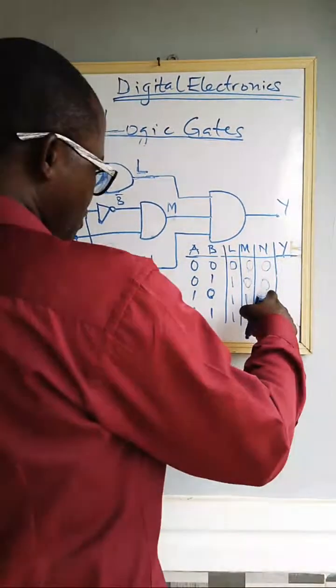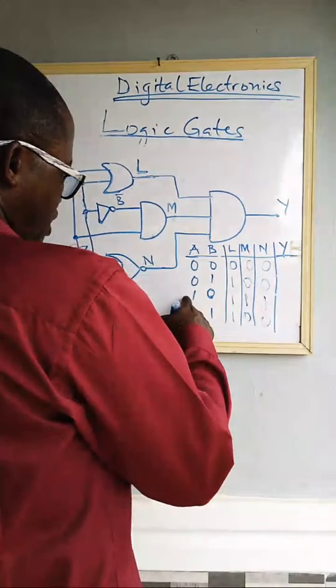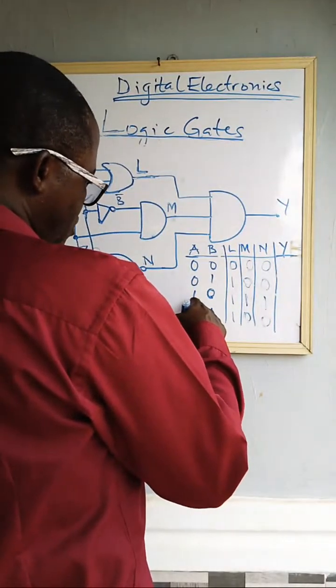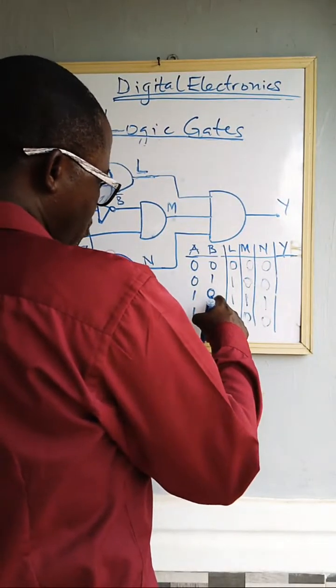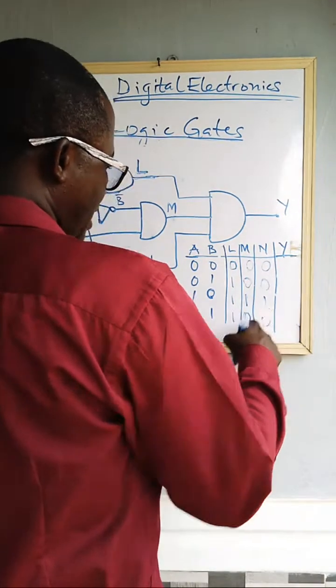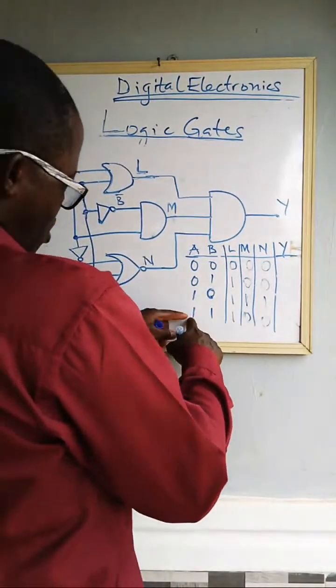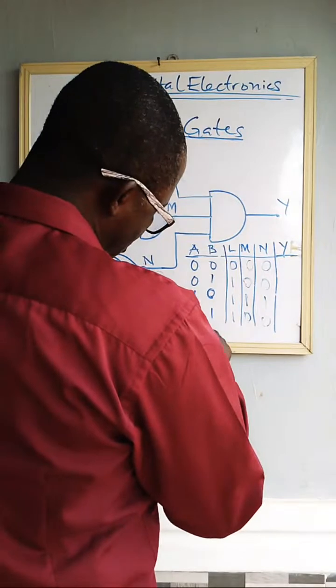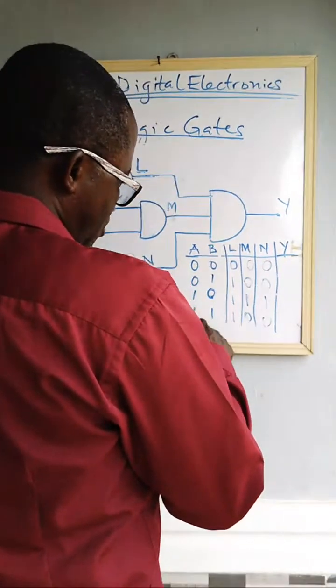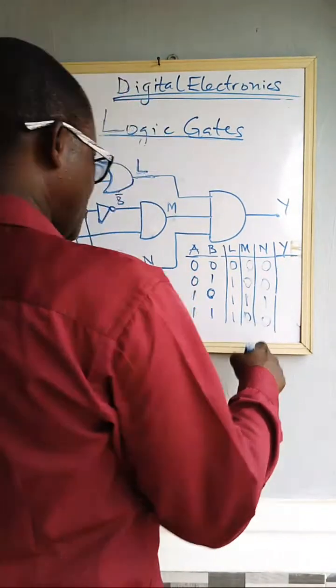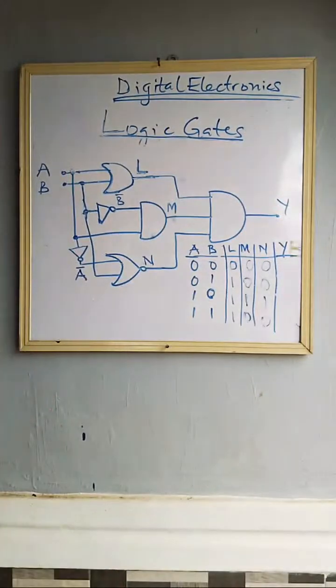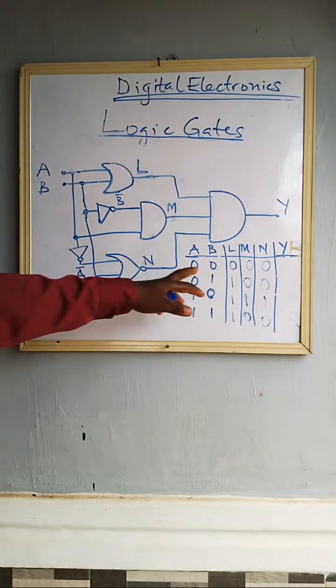It gives us a 0. Here, the inversion of this will be 0 NOR 0. Then we're going to have a 1 at the output. Here also, the inversion of 1 will be 0, 0 NOR 1, we're going to have a 0 at the output. That is the behavior of the NOR gate. So this is output N.